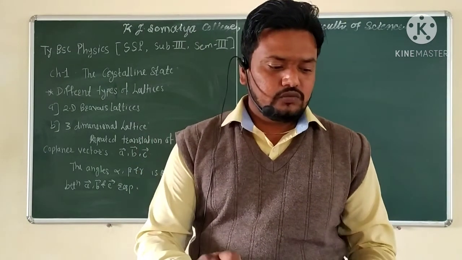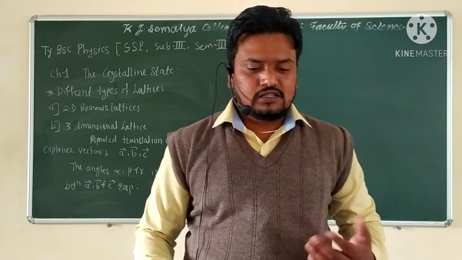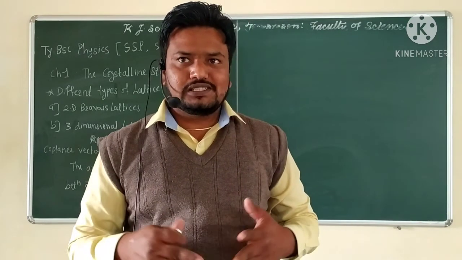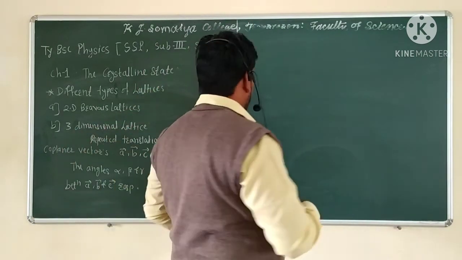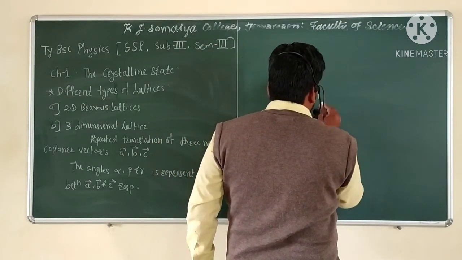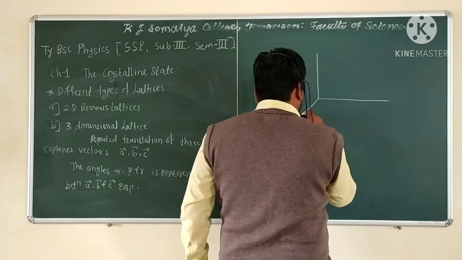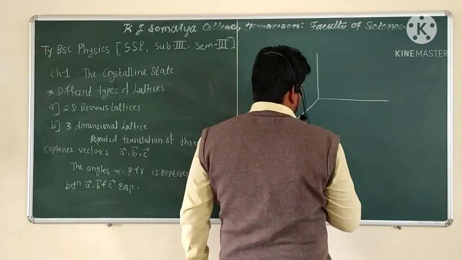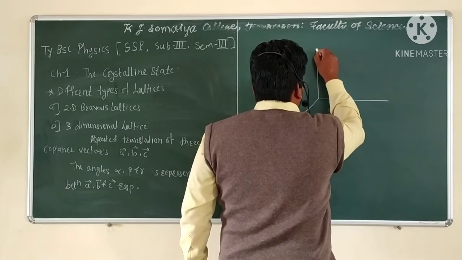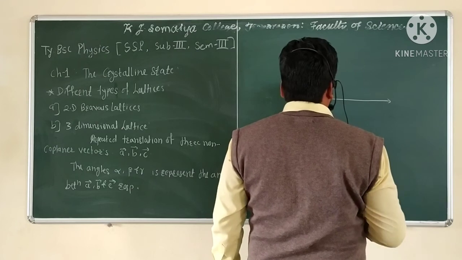And we have to see here the rough structure of the three-dimensional lattice, how it is formed or how it is drawn. Consider the three axes, for example the x axis, y axis, and z axis.